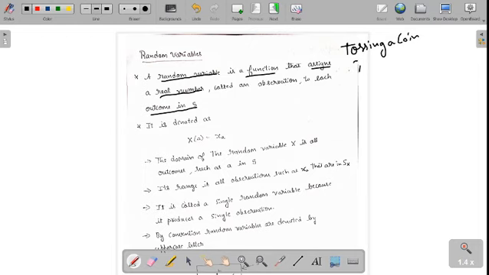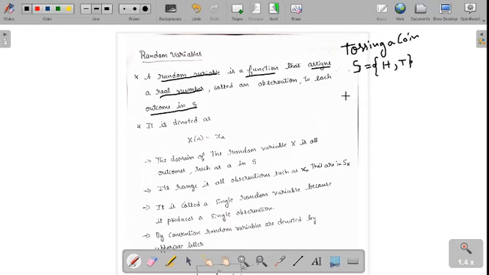there will be a sample space. The sample space would consist of whatever outcomes come out of tossing a coin. So the sample space was consisting of what? Head and tail. Now our random variable is used to assign some real number.